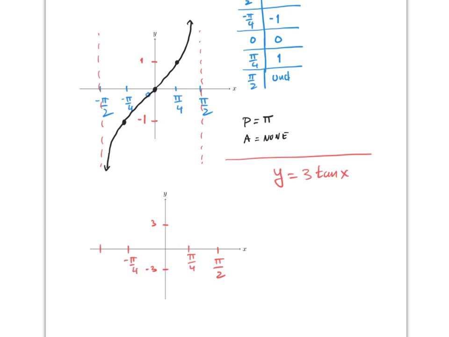Like I said already a couple times, in the coming sections, the period will change. But for now, the period for tangent will stay pi, and for cosine and sine, it will stay at 2 pi. So then for this case, the graph will look something like this. Okay? And that's it.